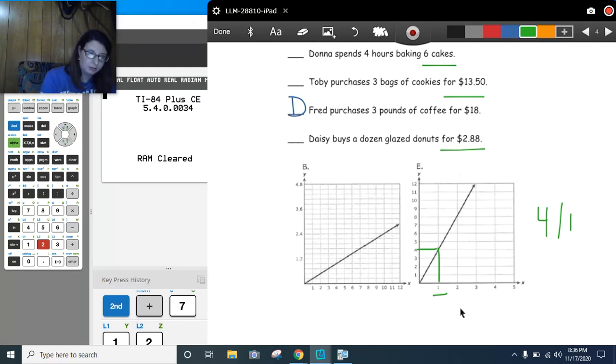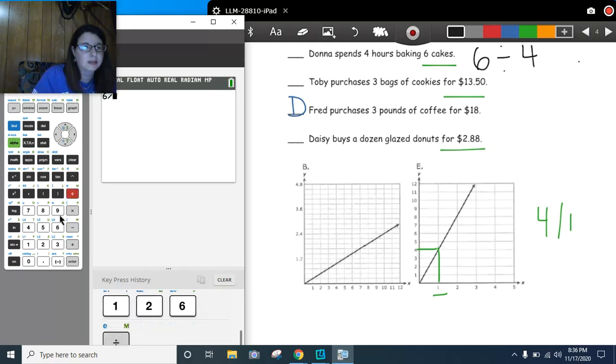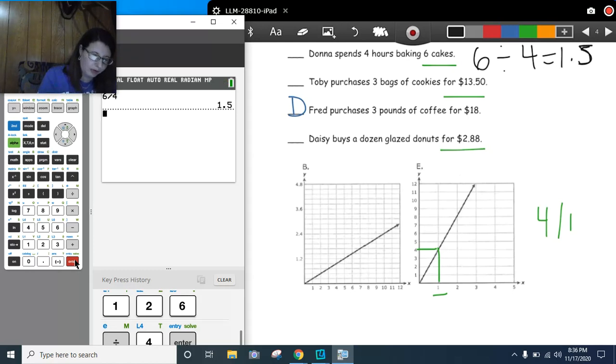I want to figure out for each hour. So I'm going to take 6 cakes, and I'm going to use my calculator, and I'm going to do 6 divided by 4. And 6 divided by 4 gives me the number 1.5. So that's my per rate.